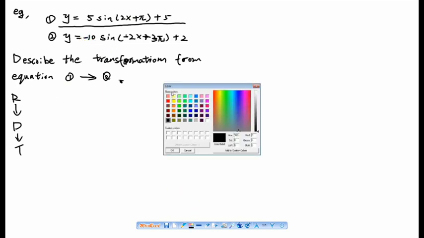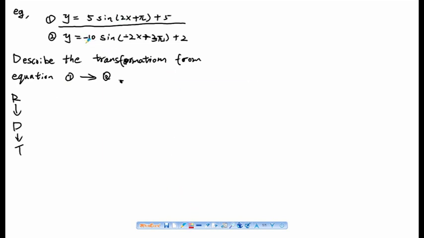Because I see a minus in the second equation, and I don't see any minus signs in the first equation, there will be a reflection on the x-axis and a reflection on the y-axis.